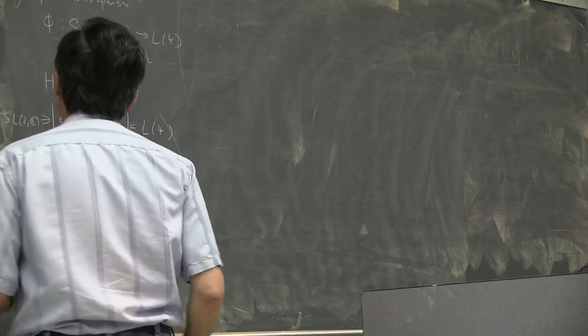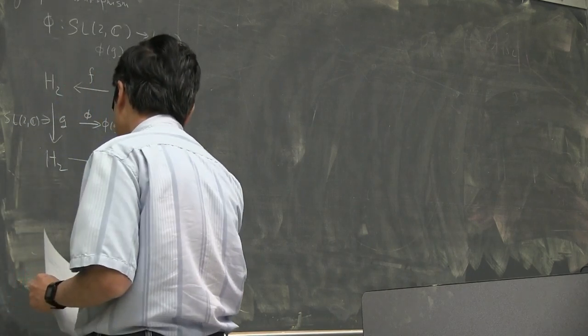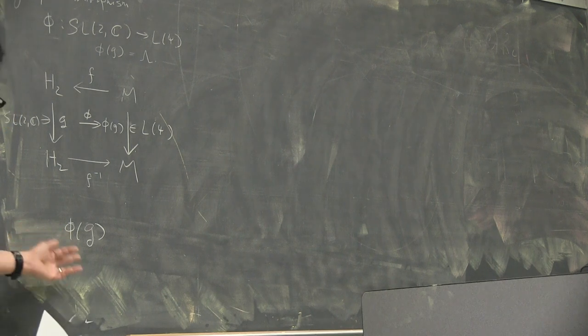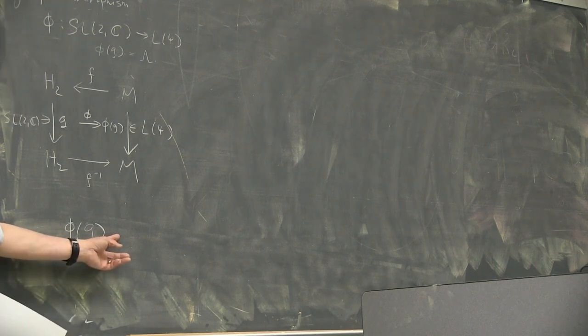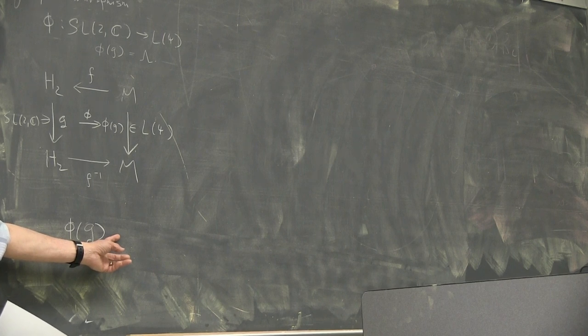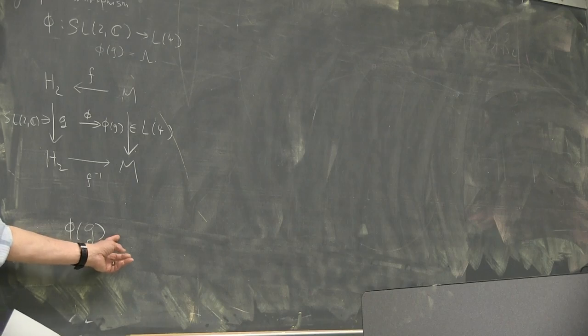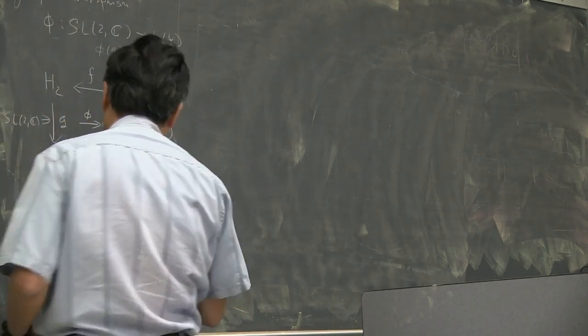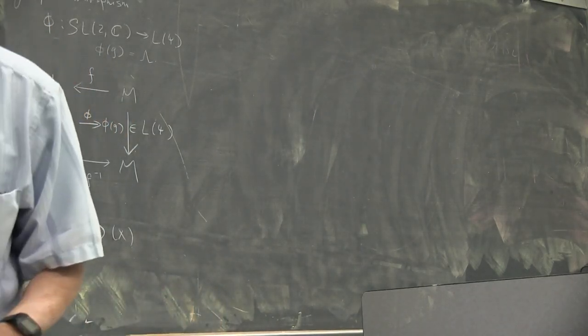The group homomorphism is defined like this. Given any G, I'm supposed to tell you what the action of that homomorphism is. This is supposed to produce some particular Lorentz transformation for me. In order to specify that Lorentz transformation, I have to tell you how it acts on a particular Minkowski vector x.